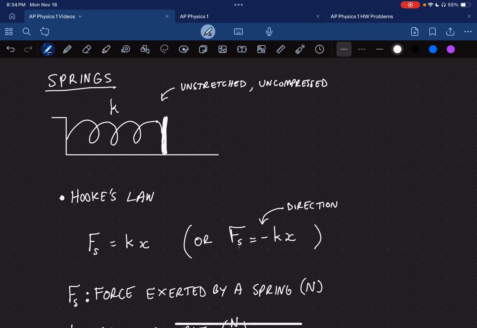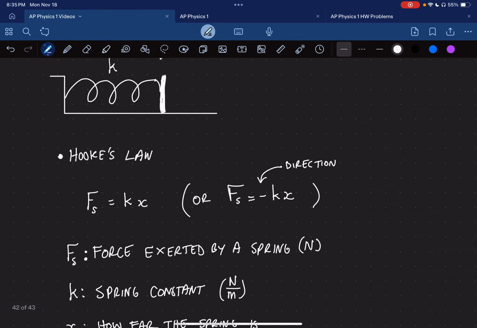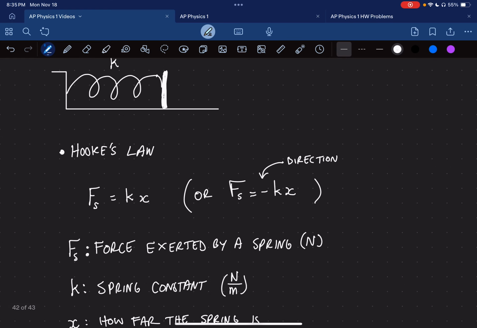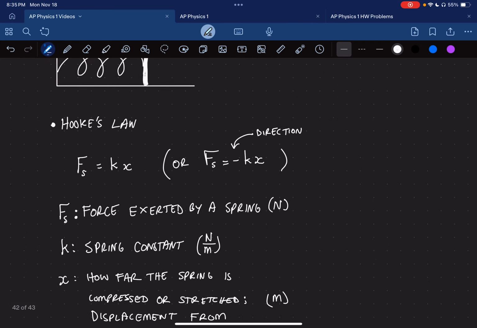And so oftentimes you'll see this equation written as Fs equals negative k times x, where the negative is just showing the direction of the force. If you compress it, in other words, going in this direction, then the spring wants to push in the opposite direction. And again, this is just showing that the force exerted by the spring is moving opposite of that direction. So that's Hooke's law.